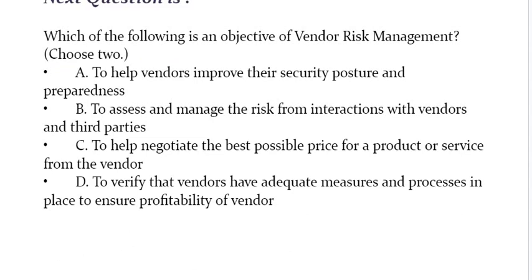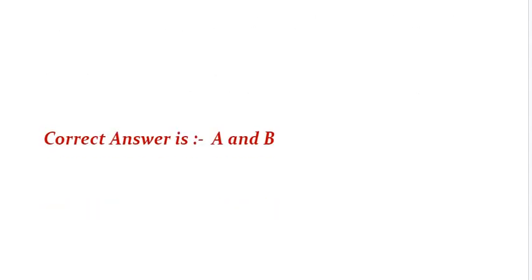Option C, to help negotiate the best possible price for a product or service from the vendor. Option D, to verify that vendors have adequate measures and processes in place to ensure profitability of vendor. Correct answer is option A and option B.